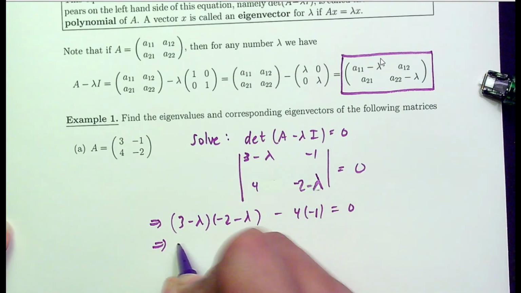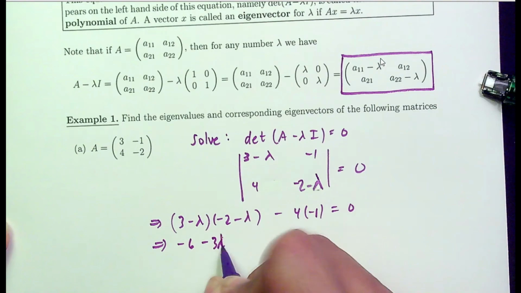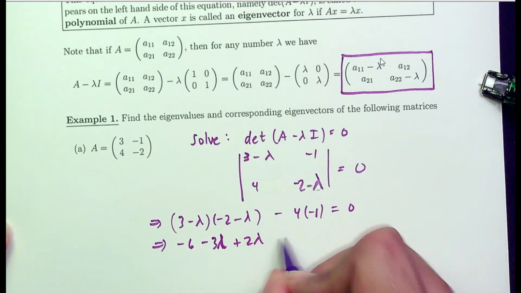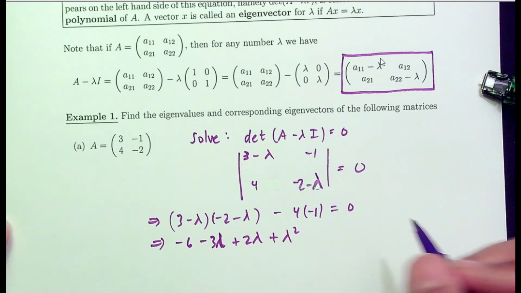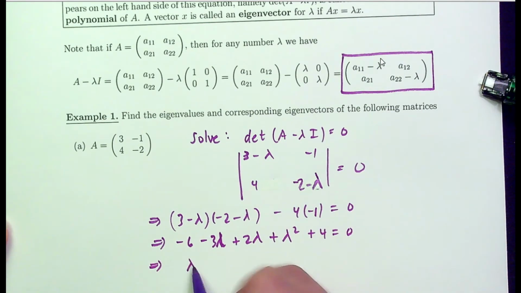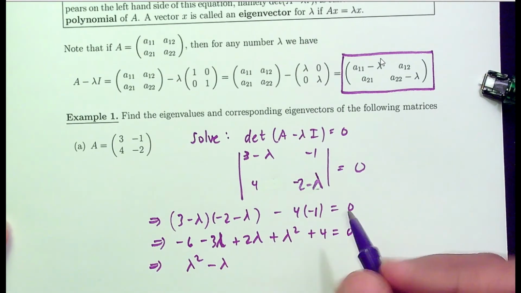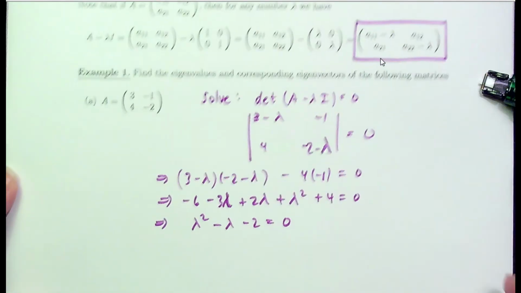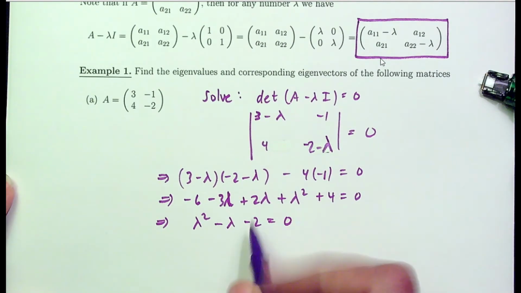This is going to be negative 6 minus 3 lambda plus 2 lambda plus lambda squared plus 4 equals 0. This is lambda squared. Combining these two, you get minus lambda, and combining negative 6 and positive 4, you get minus 2, equals 0. So that is the characteristic equation, the characteristic polynomial of the matrix.